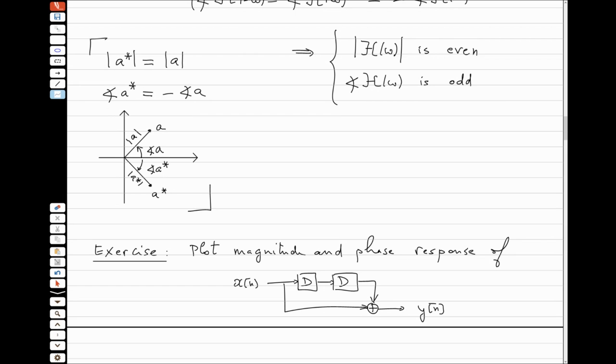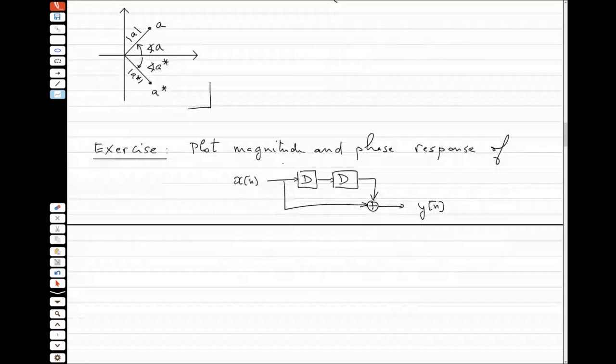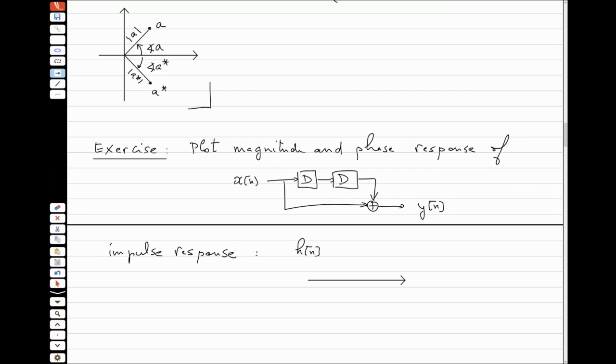All right, so what is the impulse response of this system? It's h of n, which is, so I call it h of n. It is an FIR system.